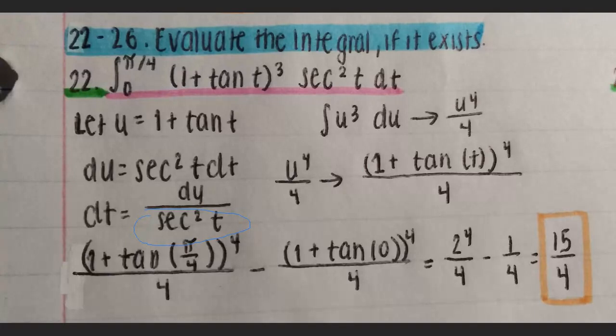Maybe not in this integral, but in general, I wouldn't suggest this method. Look at this, you already have secant squared t dt, so you just substitute this into du. You don't need to divide, because whenever we divide by a variable, we may make a mistake because that term might be 0.